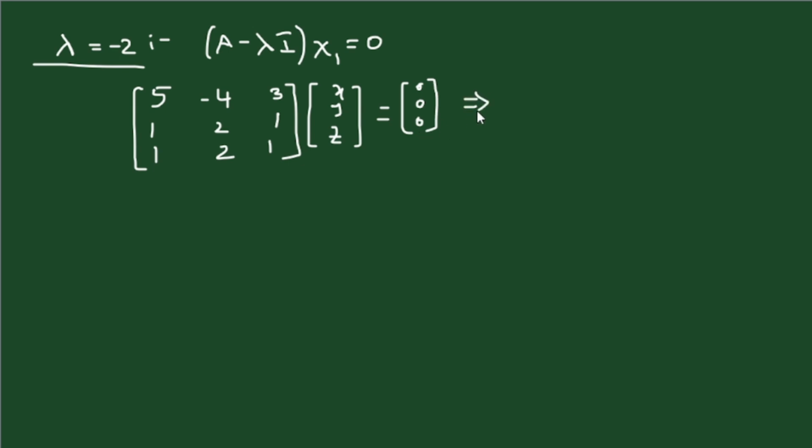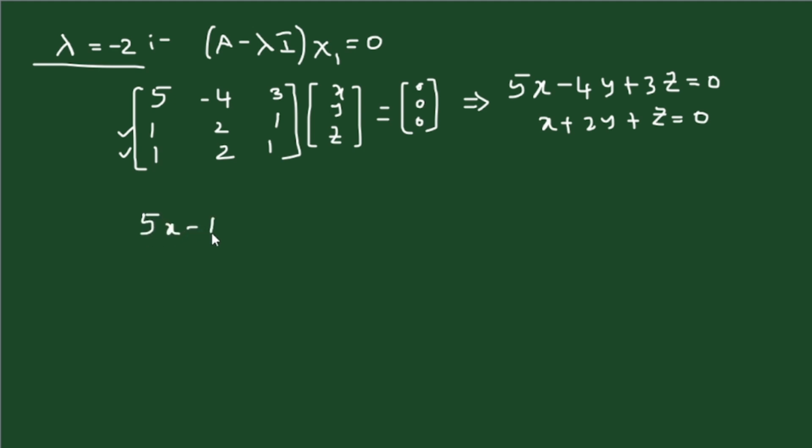Simply here, these last two rows are same. Therefore, you will get the same equation for the last two rows. Therefore, the equations are 5x minus 4y plus 3z equal to 0, x plus 2y plus z equal to 0. So if you multiply the second equation, first equation is 5x minus 4y plus 3z equal to 0.